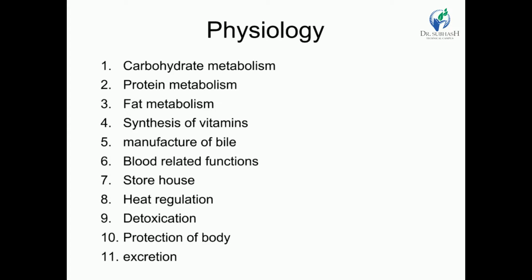Even iron, vitamin B12 and folic acid are stored in the liver and further carried to the bone marrow via blood as required. The liver manufactures albumin, globulin, fibrinogen, and certain other plasma proteins.